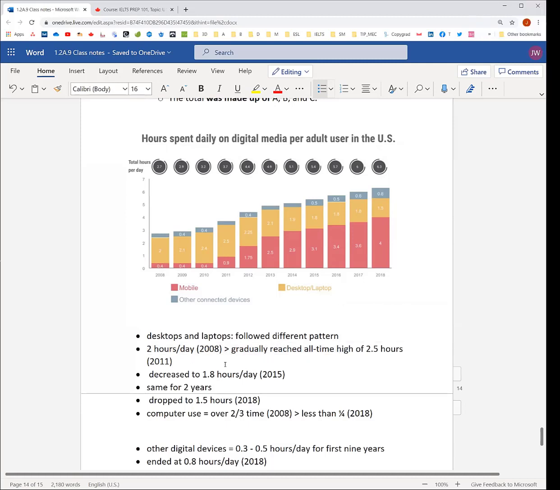Okay. And then decreased to 1.8 hours per day in 2015.